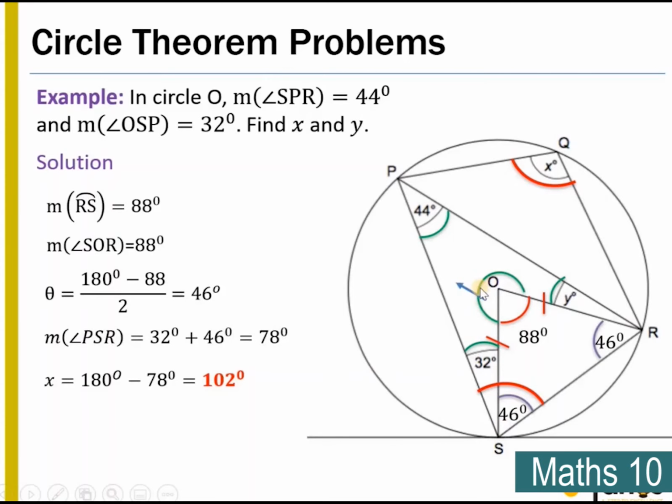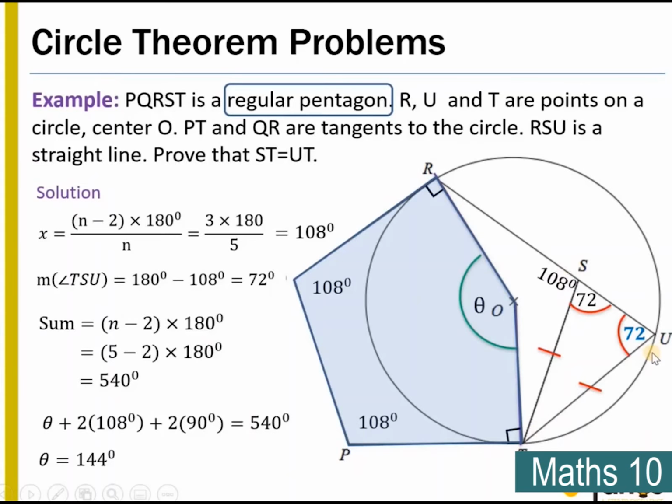This angle here is equal to 360 minus 88, which is 272 degrees. So Y plus 32 plus 44 plus 272 equals 360. So Y equals 12 degrees. And this is what we were trying to prove.